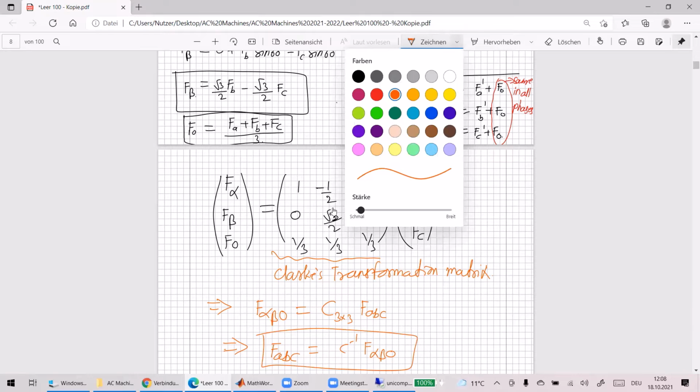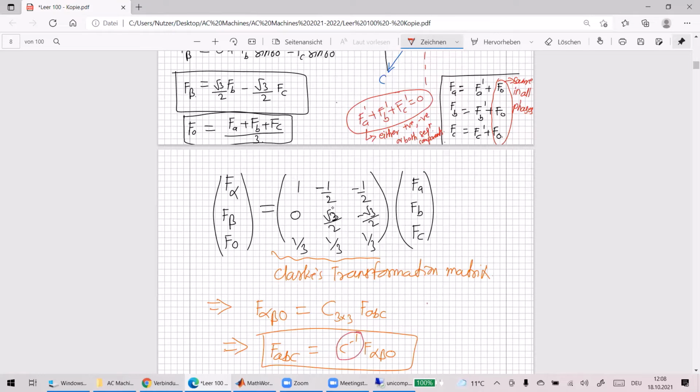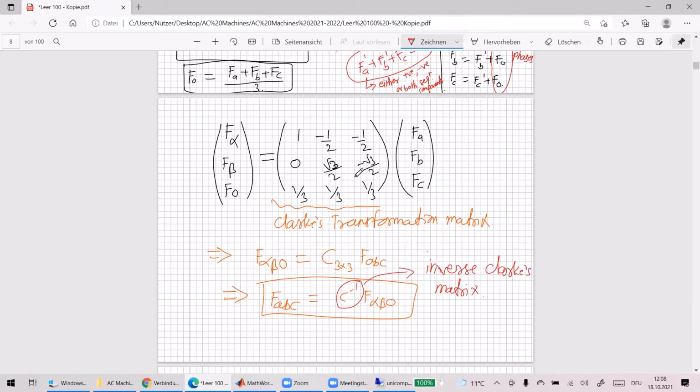This is your inverse Clarke's matrix. You can find the inverse in Google, or use MATLAB to find it. And we will also give you the inverse, so no worries.